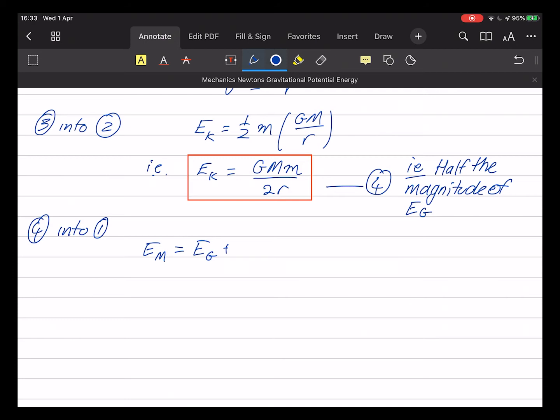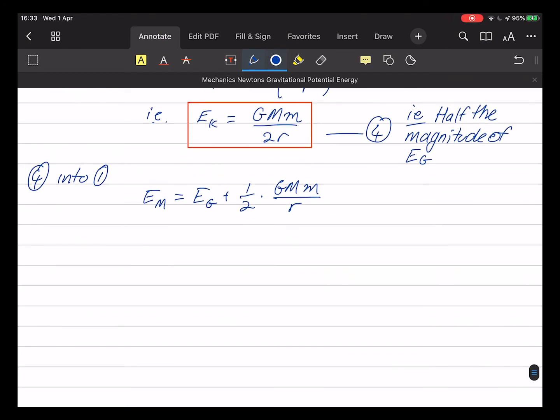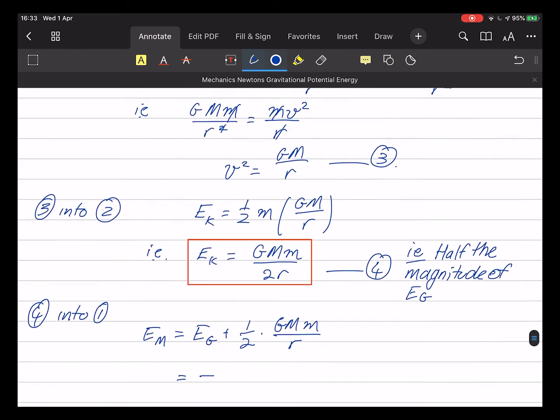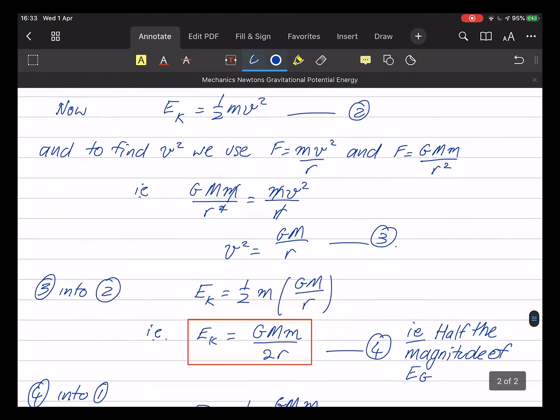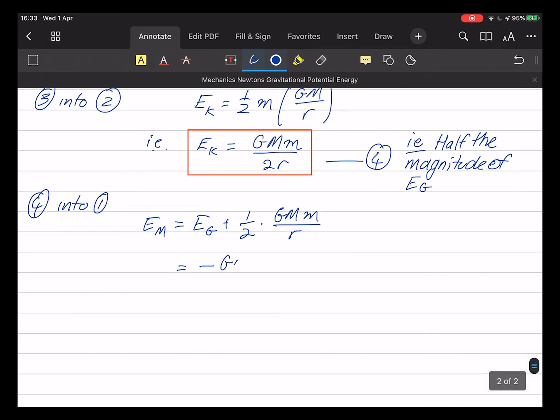And this expression now for EK, now just to label the point, I'm going to pull that half out because of this, right? This EG is here, minus big G, big M, m on r, plus half of big G, M, m on r.